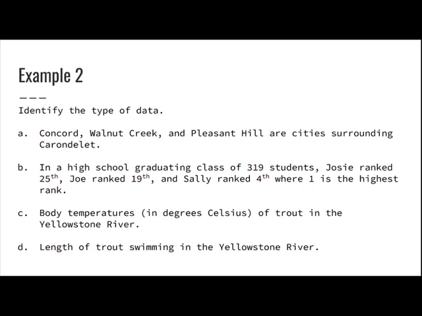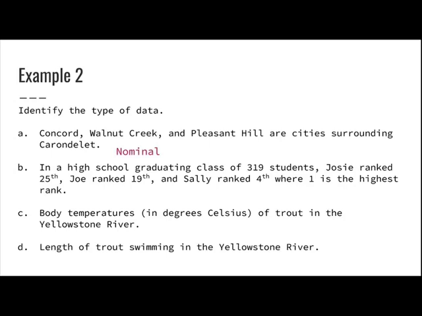All right, here's our second example. We're going to identify the types of data. Concord, Walnut Creek, and Pleasant Hill are cities surrounding Grand Isle. Notice that these are cities, and the data consists of names, labels, and categories, right? We have these three names, so this would be nominal.